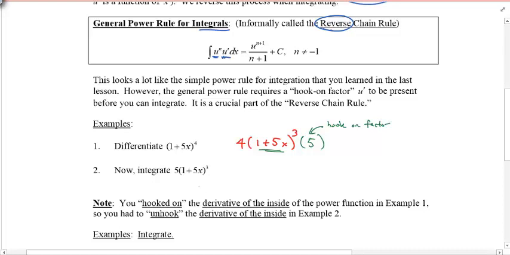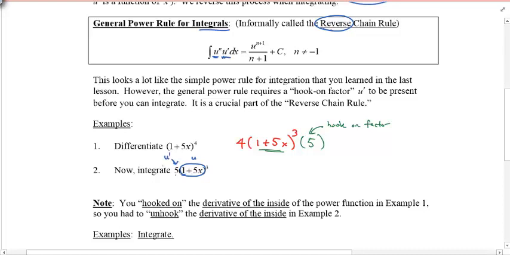So now if I were to go backwards, if I integrate this, 5 bracket 1 plus 5x to the power 3, notice that this is my u, and the derivative of u would be 5, and that would be this. So you see how there's u and u prime?